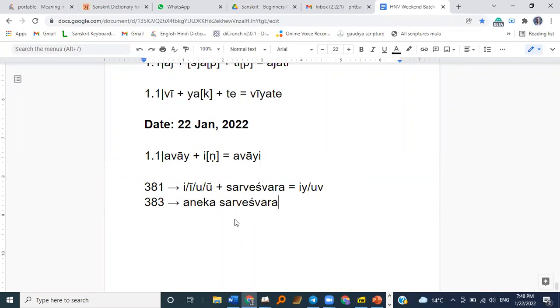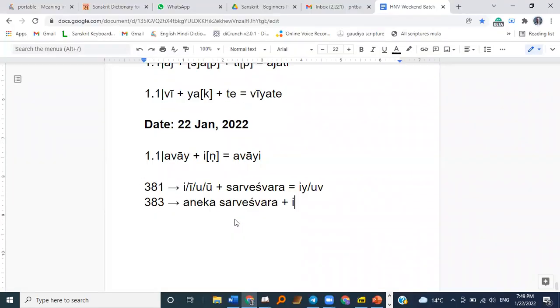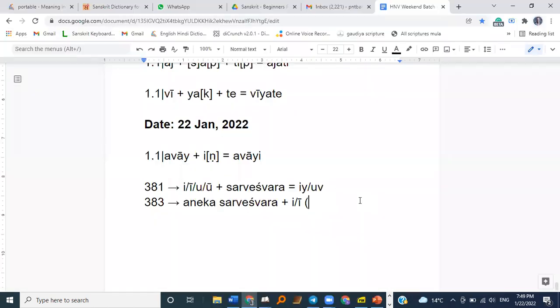Aneka Sarveshwara means the dhatu has more than one Sarveshwara, plus it is ending with E Rama, E or the Trivikramani, Idvaya, which is not preceded by a Satsanga, provided the E or E doesn't come after a Satsanga.